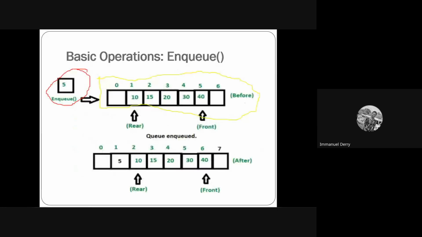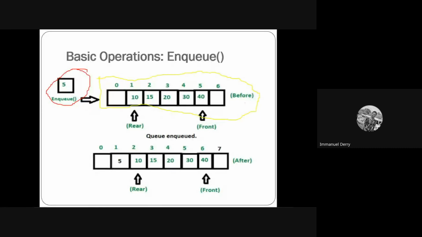I use the yellow to circle around the initial queue that we have, and we are asked to enqueue 5 into the queue. And then we need to take note of 2 pointers over here. So the first pointer will point to the rear, and then the second pointer will point to the front, right?